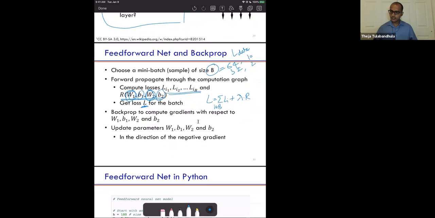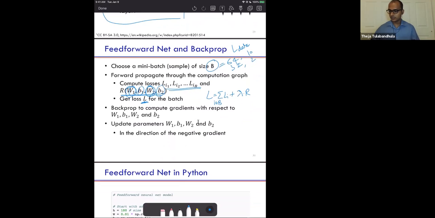Once you get this loss, you want to backprop. So you want to find the gradient of L with respect to W1, the gradient of L with respect to B1, and so on. W1 is a matrix, so the gradient with respect to a matrix is going to be a bunch of numbers which is the same size as the matrix itself.